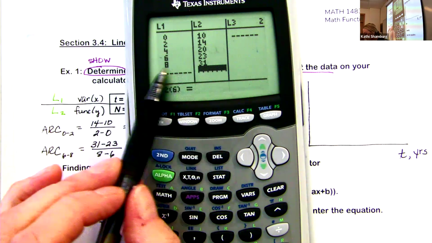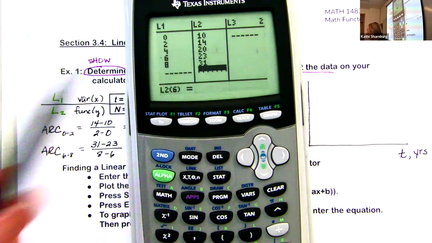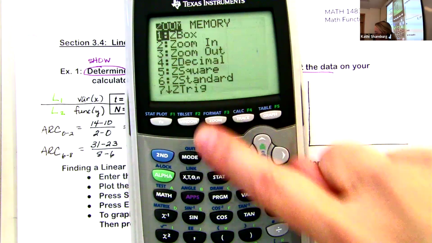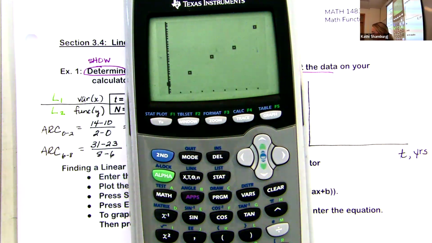And I make sure that I have an ordered pair and I don't have extra numbers. And then what do we hit? Zoom 9. And we can see that it's not linear.